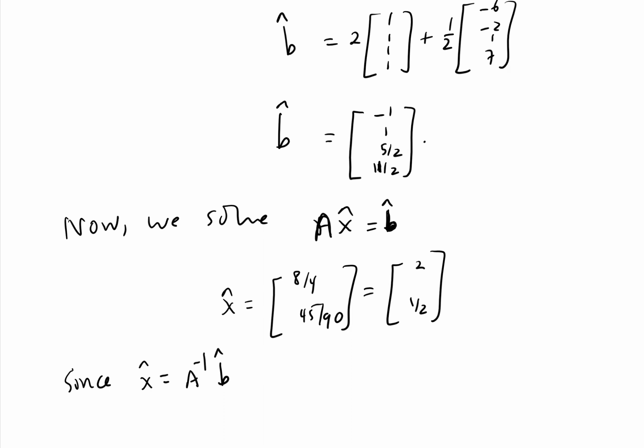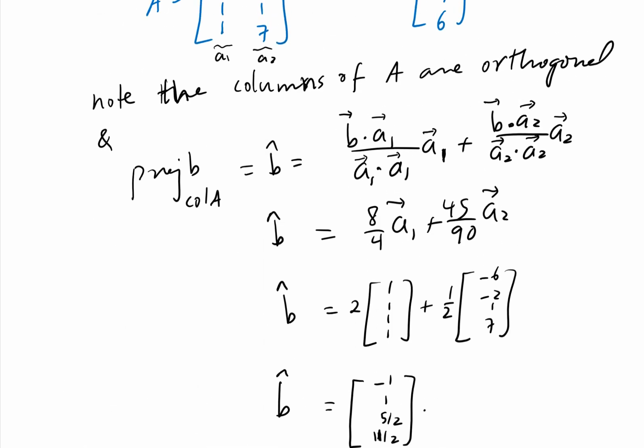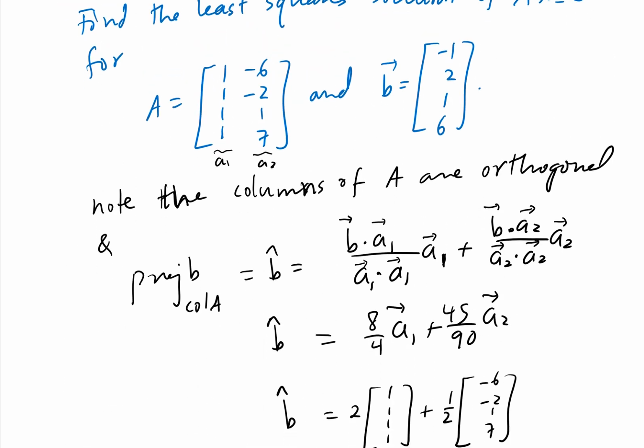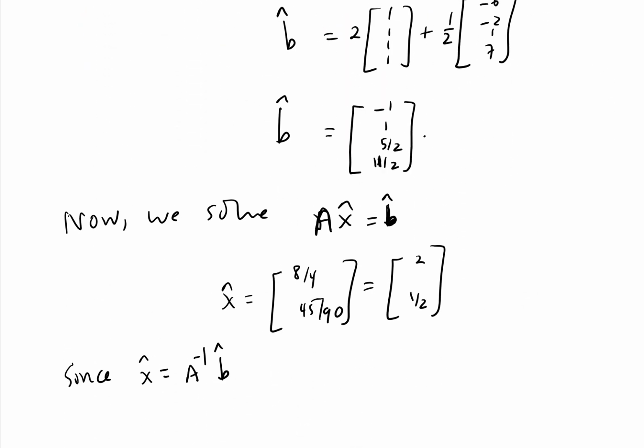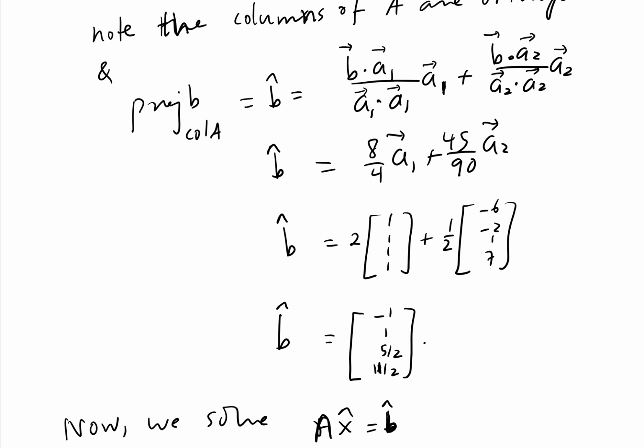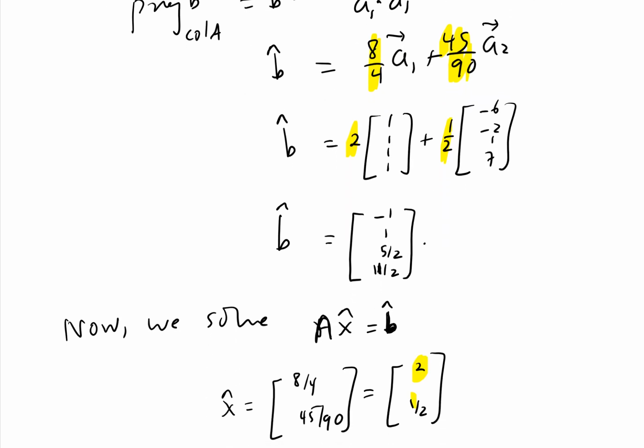And to find the inverse of A, it's not that difficult. Is that how you guys did it? Also, you can look at the weights of the B hat combination, these ones here, the 2 and 1/2. Those are the same as the 2 and 1/2. That's the easiest way to get that.